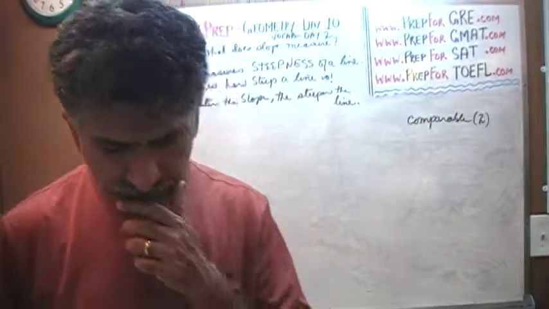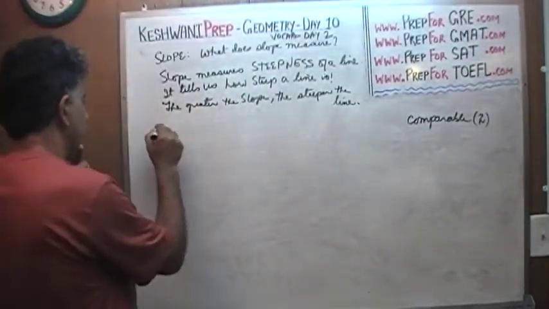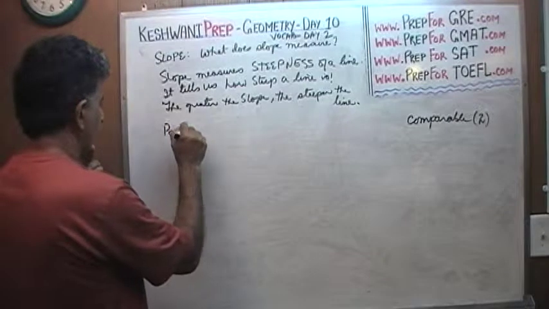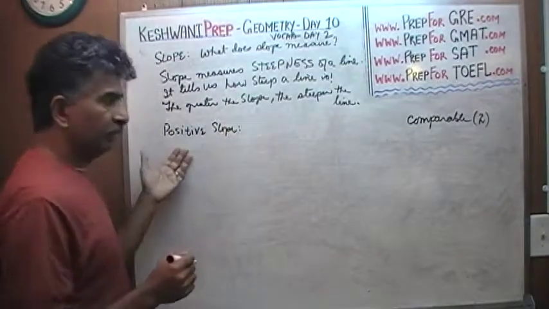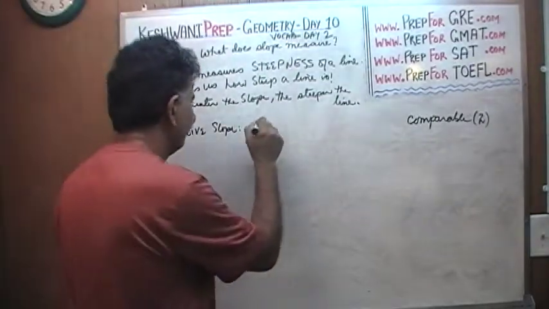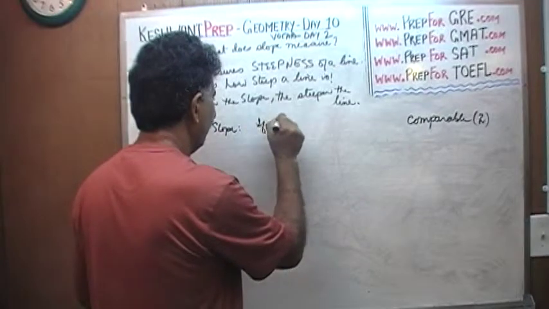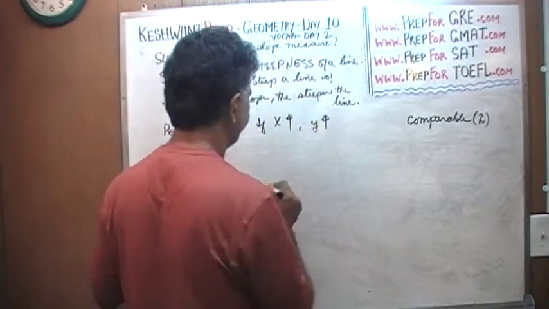What does it mean for a slope to be positive and negative? Well, let's talk about the concept of positive slope. Positive slope simply means that x and y are related in such a way that if x goes up, y goes up.